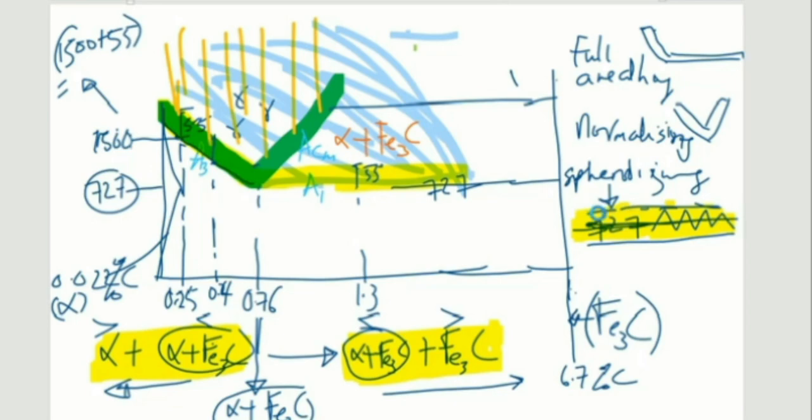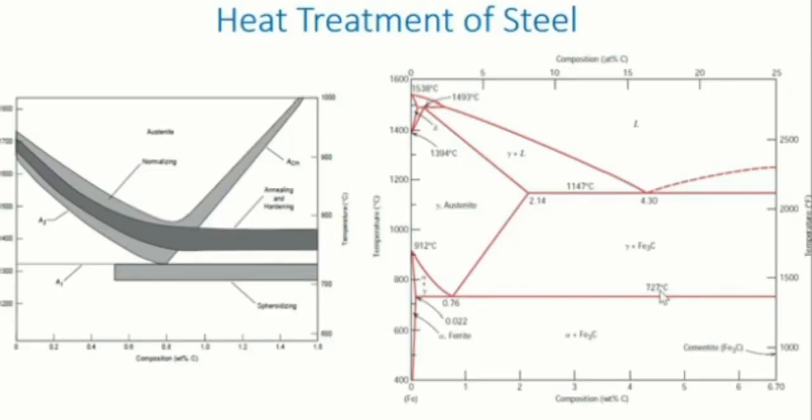So this is the last one here, within the A1 50 degrees, or you can either hit above it or hit below it at least 50 degrees, or within the eutectoid temperature. And what is the eutectoid temperature? It's 727. So either you hit 50 degrees above it, 50 degrees below it, or within 50 degrees of the line.